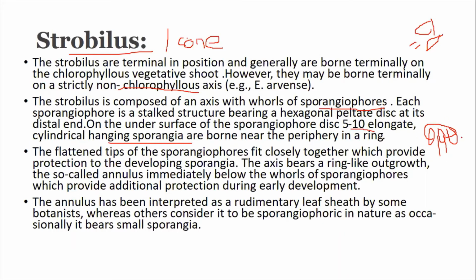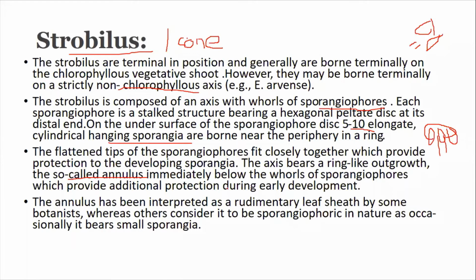This complete structure we call the sporangiophore. Now, the flattened tips of these sporangiophores are closely together. The axis bears a ring-like outgrowth, which we call the annulus. This is also very important. Due to this annulus, all these sporangia are arranged side by side.